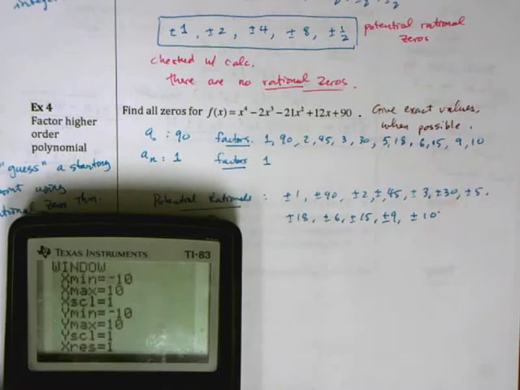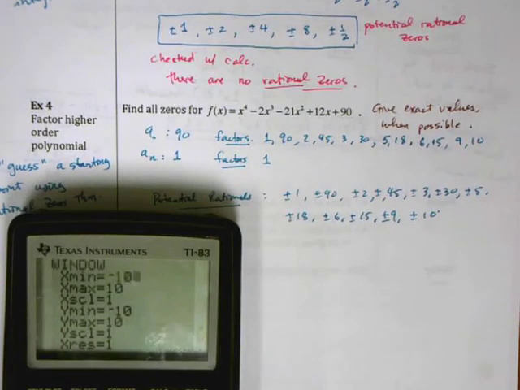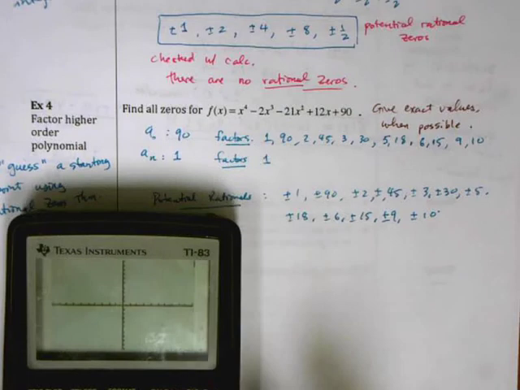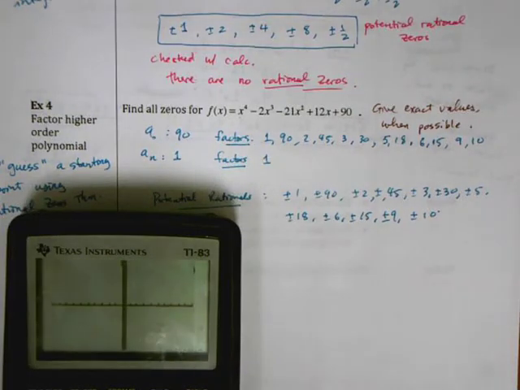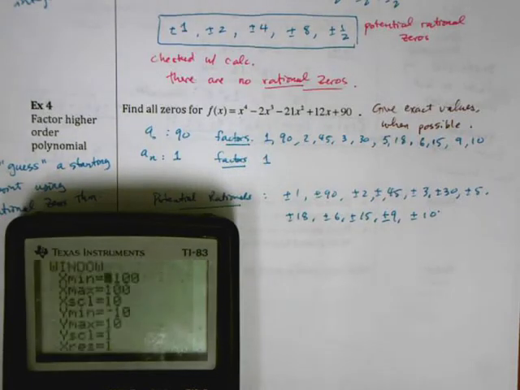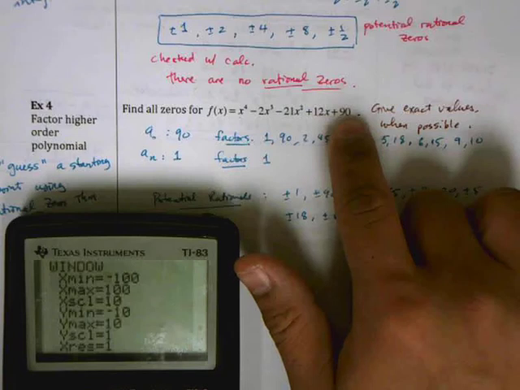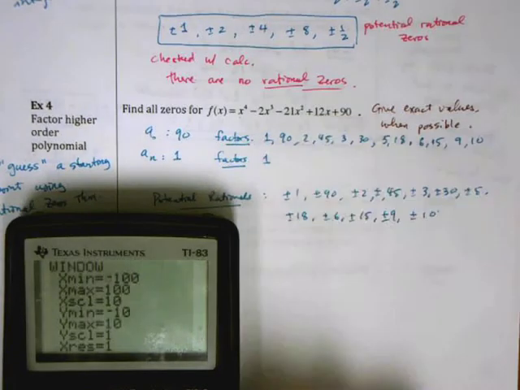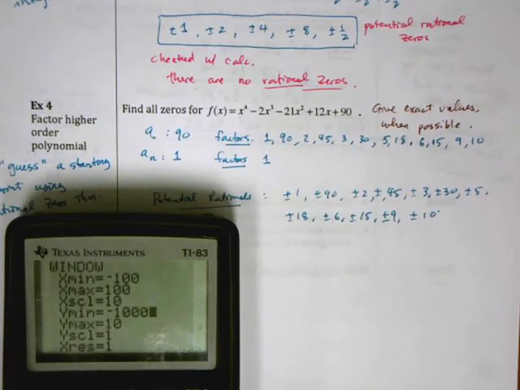So I'm going to set my window to maybe 100 for the x here. For the y, it doesn't really matter at this point. Well, actually, it might help. I know that the y-intercept is going to be 90, so maybe I'll do the same thing here.